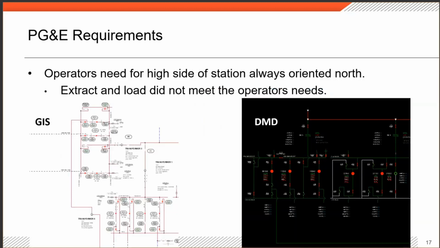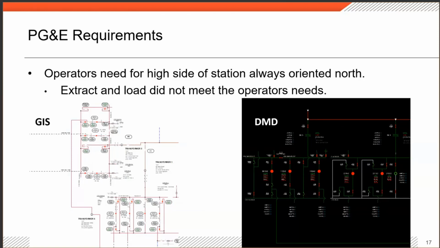PG&E operators weren't ready for true geographical representation or orientation. So they wanted the high side of the substation at true north, always, no matter what it looked like geographically. And then they wanted the feeder getaways all at the south or bottom of the display. This became even trickier when a substation had different sections oriented in different geographical directions.